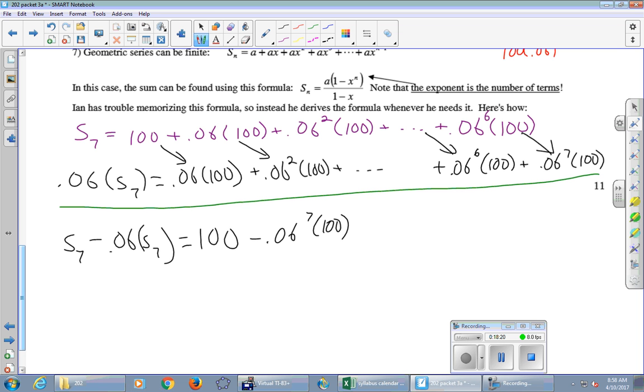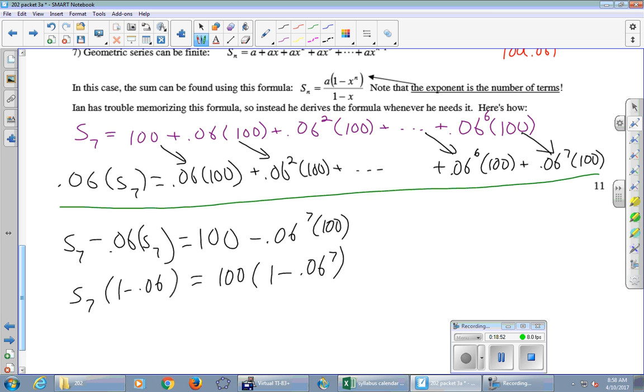And the goal was to find S sub 7, the thing in purple. This is like a basic algebra equation. I'm going to solve for S sub 7. You could combine here and you get 0.94 times S sub 7, but I'm not going to write it that way. I'm just going to factor out S sub 7. What's left? 1 minus 0.06 equals, on the right-hand side, I'm going to factor out 100 times 1 minus 0.06 to the 7th.